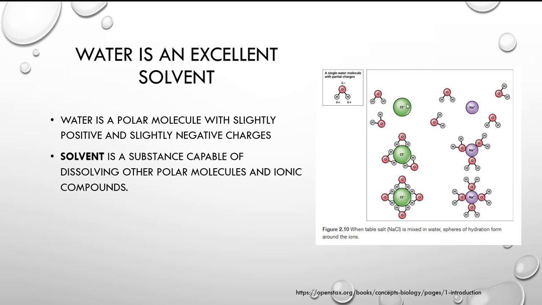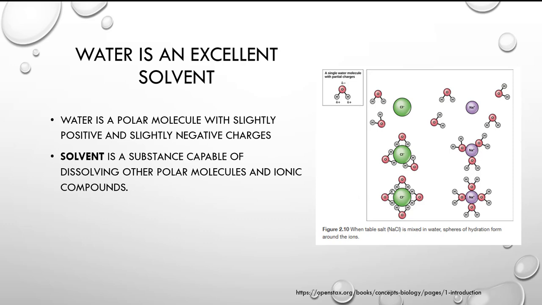That chlorine is an ion, so it has an extra electron and a negative charge, so the hydrogen ends of the water molecules are going to be attracted to it. Look at all those hydrogens surrounding that chlorine. Over here, the sodium is a cation, so it's positively charged, and the oxygen ends of the water molecules are going to be attracted to that.